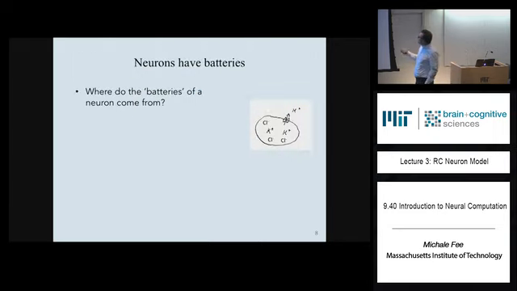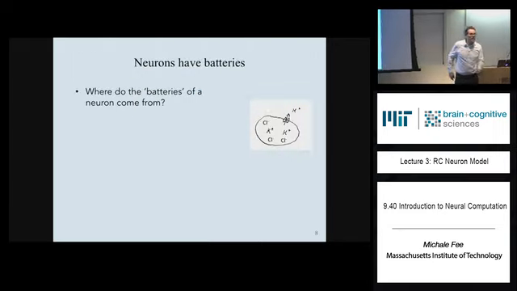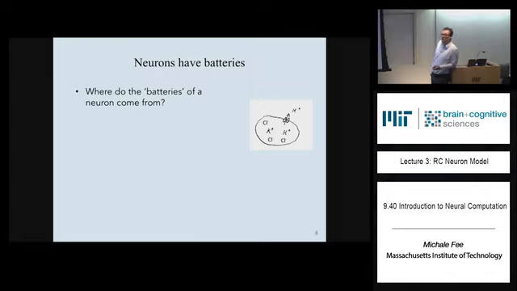Okay, so now we then introduce the idea that neurons have batteries. Where do the batteries of a neuron come from? Anybody remember? Stacy, I remember you. Where do the batteries of a neuron come from? Good, that's what the battery produces.